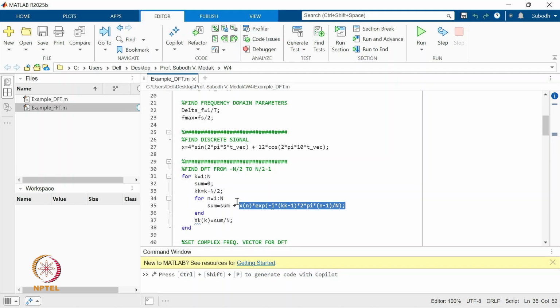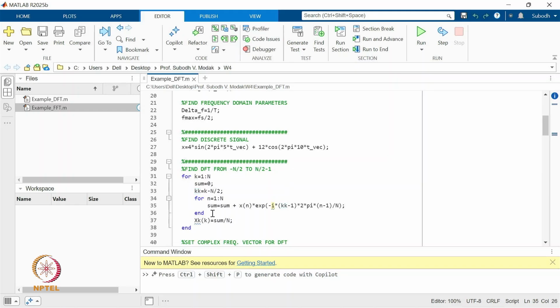Similarly, wherever kk is there I am subtracting 1 from that, because k is starting from 1 to N. That compensation for 1 has to be done, because in the actual formula k is from 0 to N. And of course, instead of k I am using kk, because I want to have frequencies starting from the negative value, from minus N by 2, not from 0.